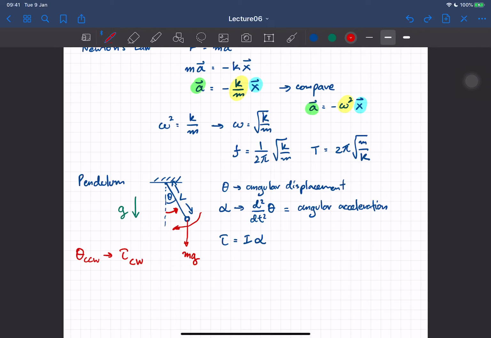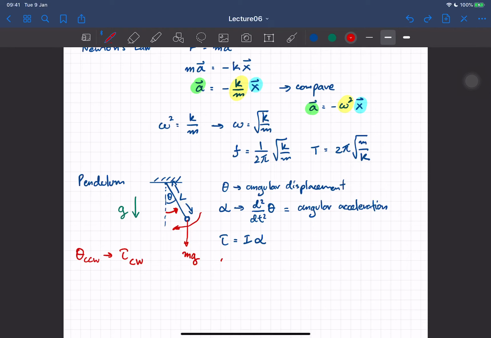So this allows us to put in a minus sign, because torque and the angle here are always in opposite directions. If one is clockwise, the other one is counterclockwise. If one is counterclockwise, then the other one is clockwise. Right? So putting things together, what is torque?